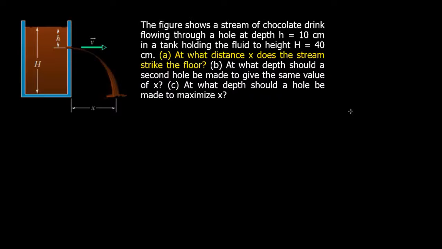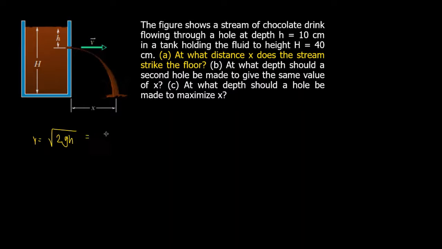So for letter A, we are finding the distance, x. So let's just recall, I guess. The velocity is the square root of 2gh. At what distance x does the stream strike the floor?